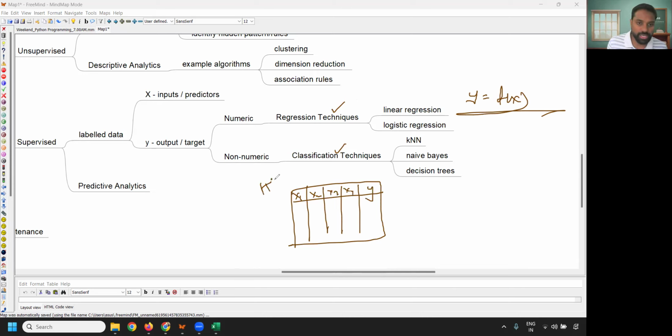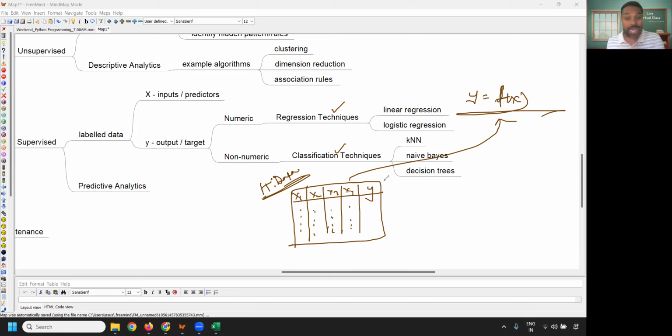This is our historical data, right? Now, given this historical data, when we apply the data into this model, we will get some mathematical equation, right? So we substitute these values into this model and we do calculations.